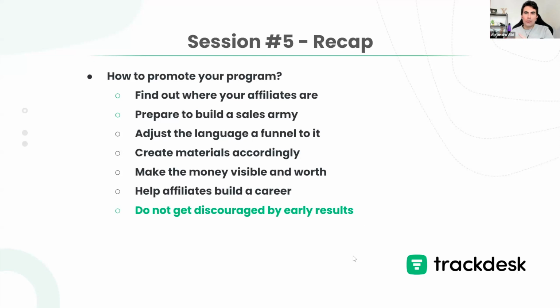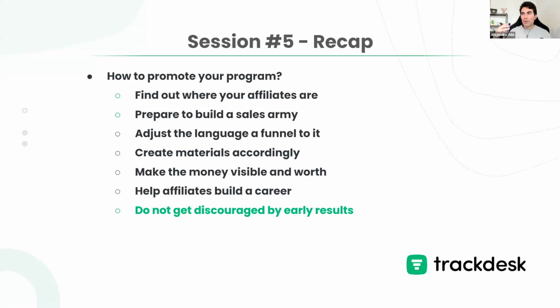And of course, do not get discouraged by early results. I was checking some statistics, and it depends a lot on the industry, the efforts, how you approach the affiliates and how affiliates see your business. But I see some people that say, hey, I write to 5 people, I get 1 affiliate. Some people told me, I wrote to 50, I got 1 affiliate.